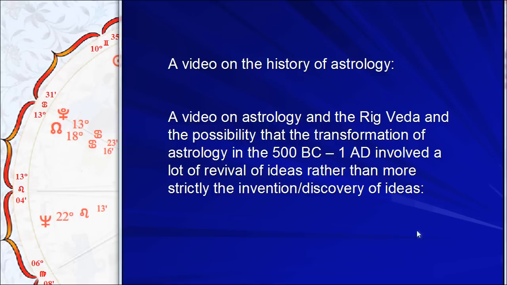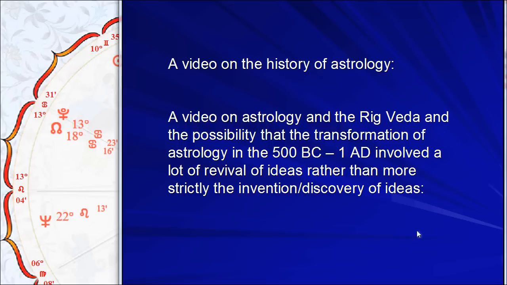Oh no, my last slide here is the links to some other tutorial videos, one on the history of astrology and one on the Rig Veda and astrology, which presents the possibility that this transformation of astrology after the year 500 BC might be more of a revival of some ancient ideas more than an invention or discovery of new ideas.